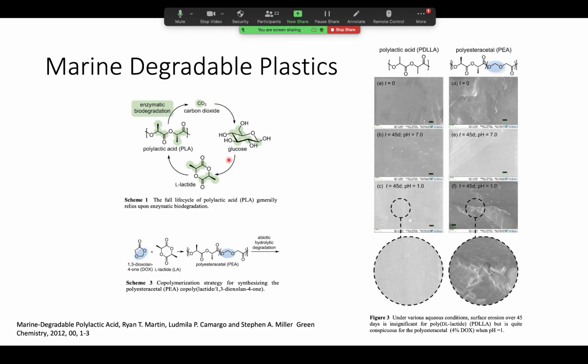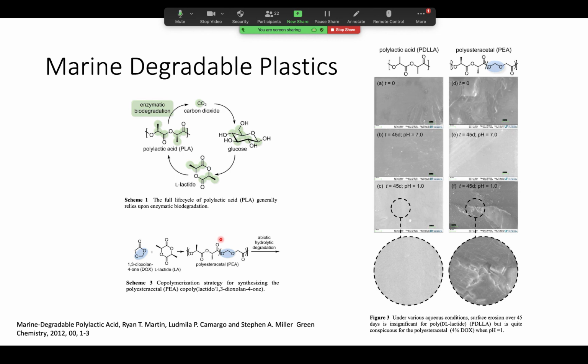standard system for polylactic acid, it needs this enzymatic degradation, right? So they were able to introduce a copolymerization with the PEA, polyesterase acetyl group here, in order to give it a handle for the degradation to happen in the marine environment.